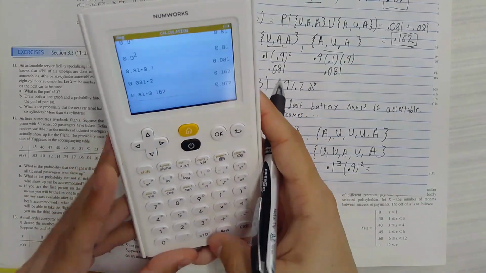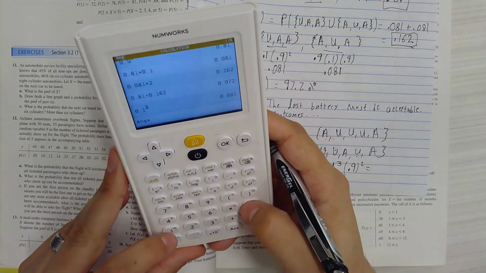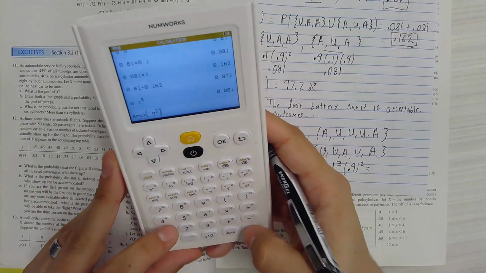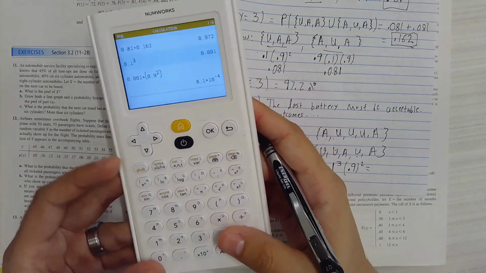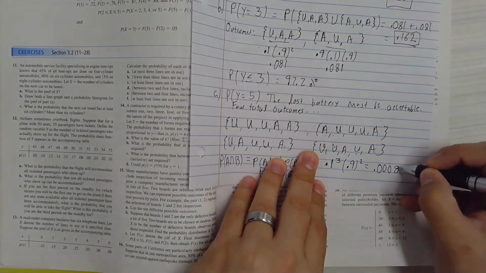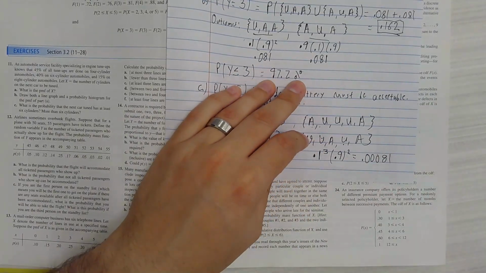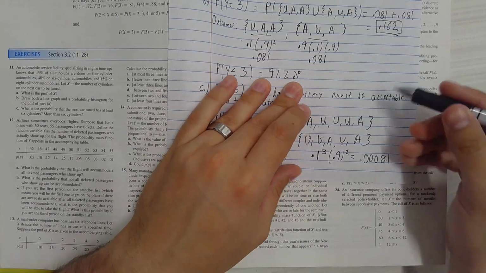And then we have 0.1 cubed times 0.9 squared. It's going to be 3 zeros, 1, 2, 3, 8, 1. So that'll be 8.1 times 10 to the minus 4, which is 1, 2, 3, 4.